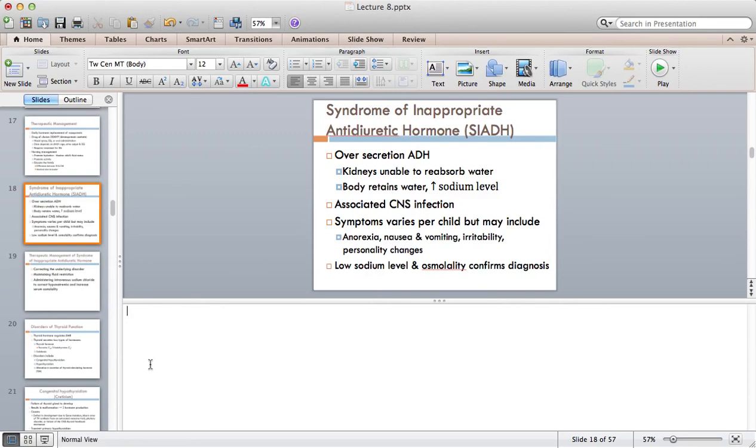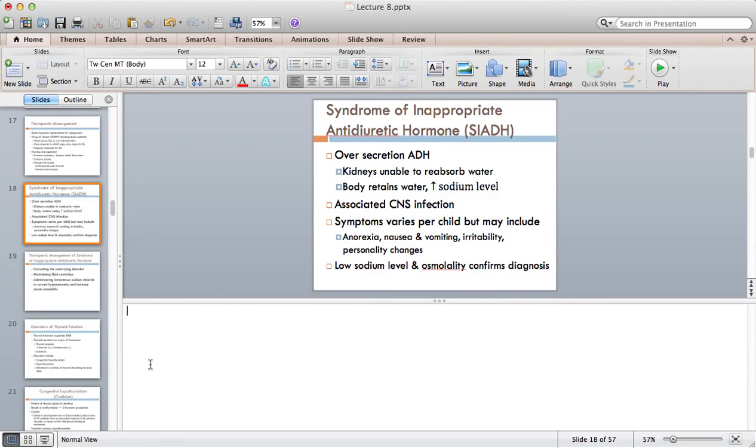So we would like to correct the problem. Here we maintain fluid restriction, and also maintain the level of sodium in the body. Because the sodium is low, we'd like to increase it so that we increase the low osmolality. That's basically what we're doing.